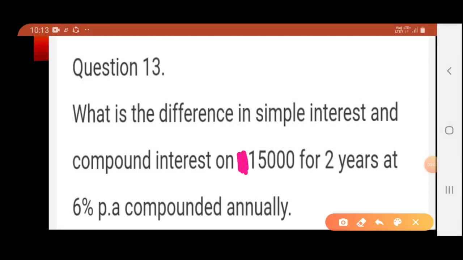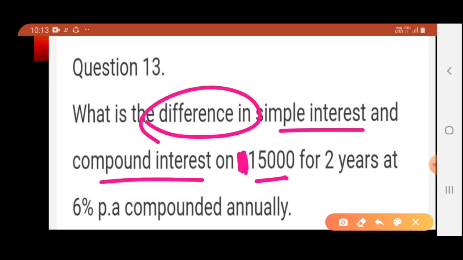The question is, what is the difference between simple interest and compound interest on rupees 15,000 for 2 years at 6% per annum compounded annually? Here we have to find the difference between simple interest and compound interest.